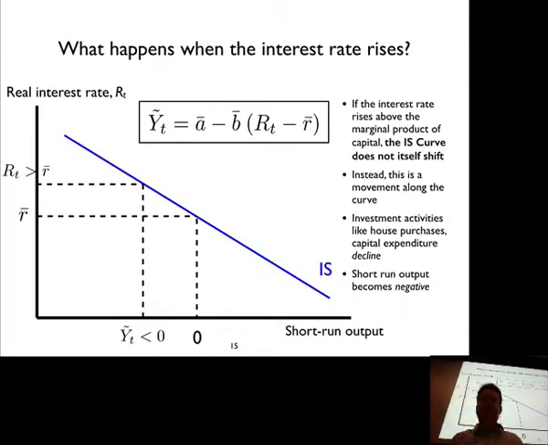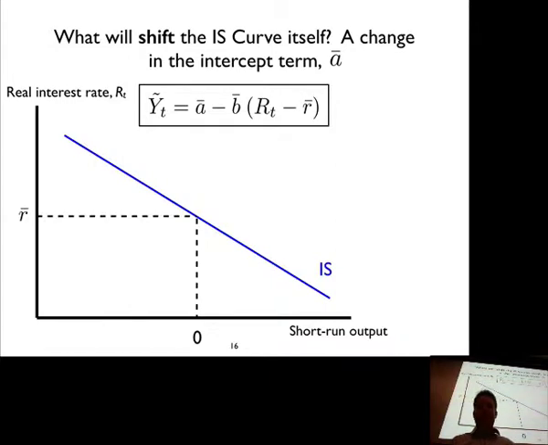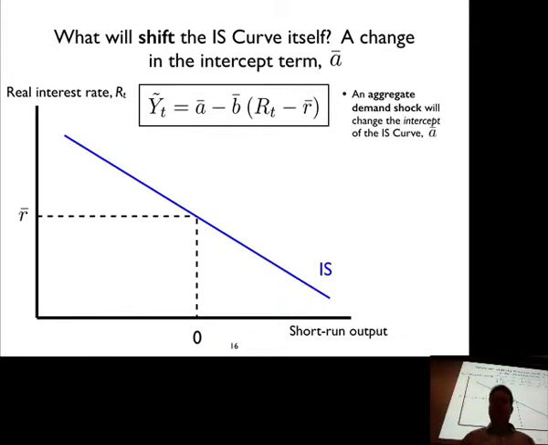There are also shifts in the IS curve, so this is a story about movement along the curve. Any change in the real interest rate is a movement along the curve, but there also can be shifts in the IS curve. So these are all generically called demand shocks, and all of them will shift the intercept of the IS curve, A bar.